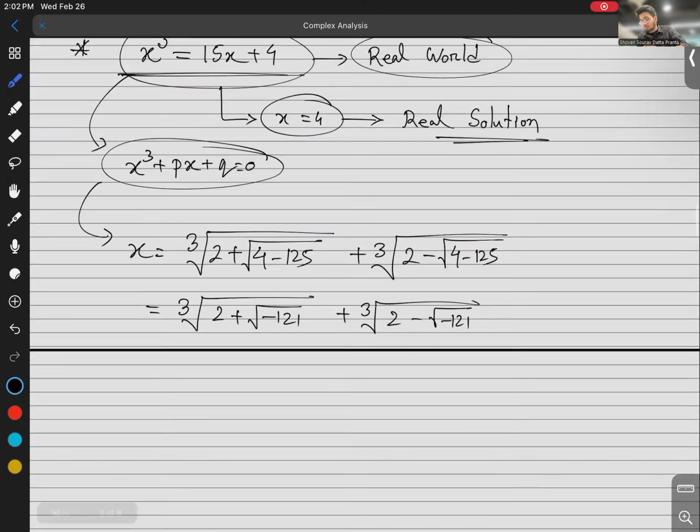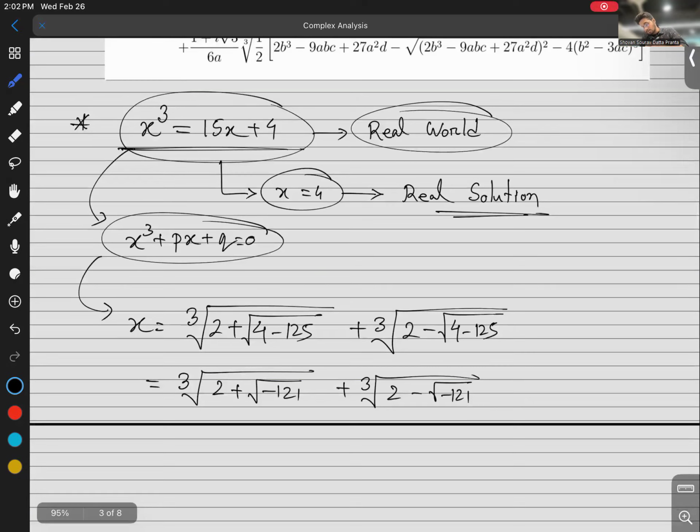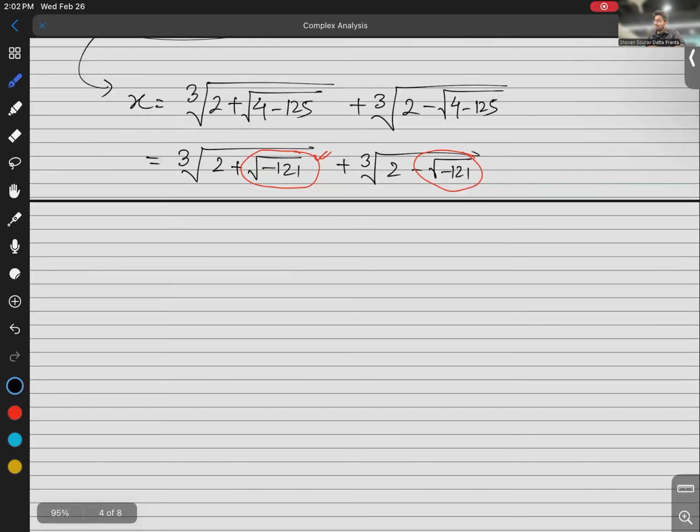But we got some weird number, let's say root over minus 121, in both cases. But the thing is, our solution is a real solution. That means we can do operations on these weird numbers. So Bombelli came up with the idea, let's consider root over minus 1 is equal to i.